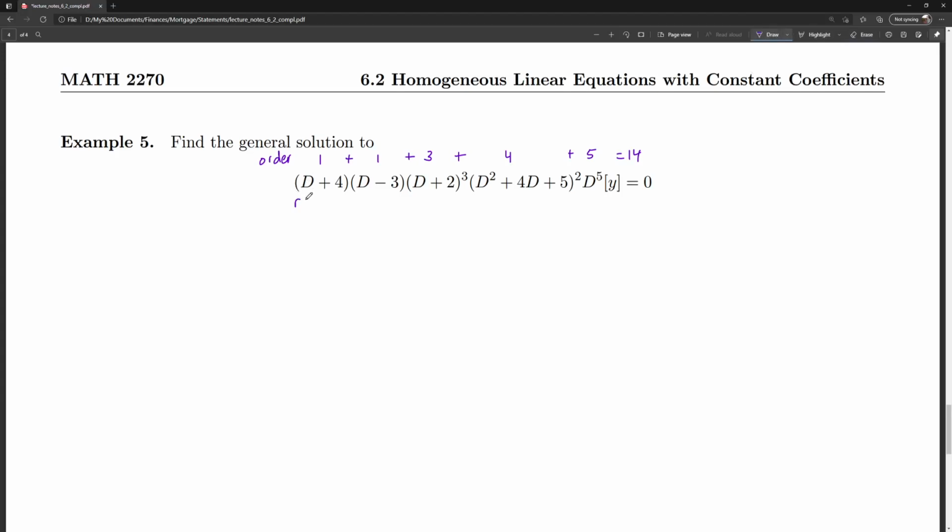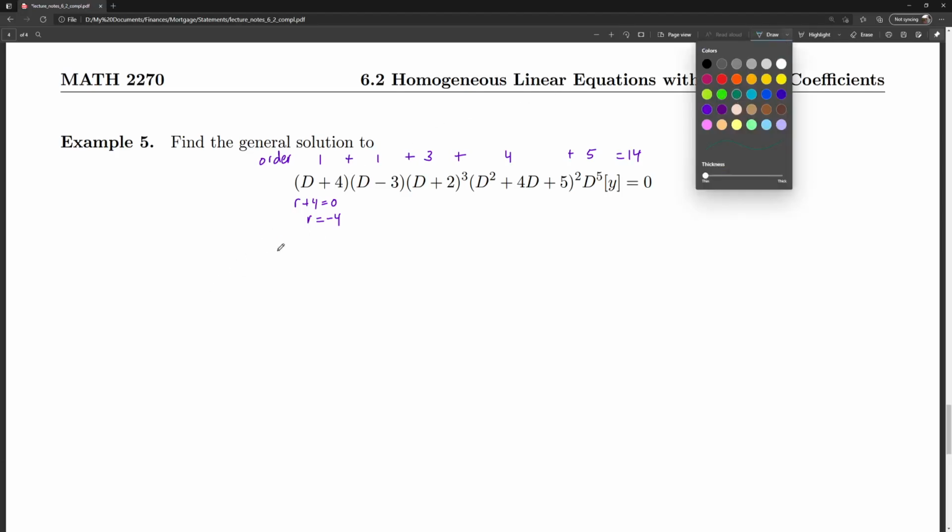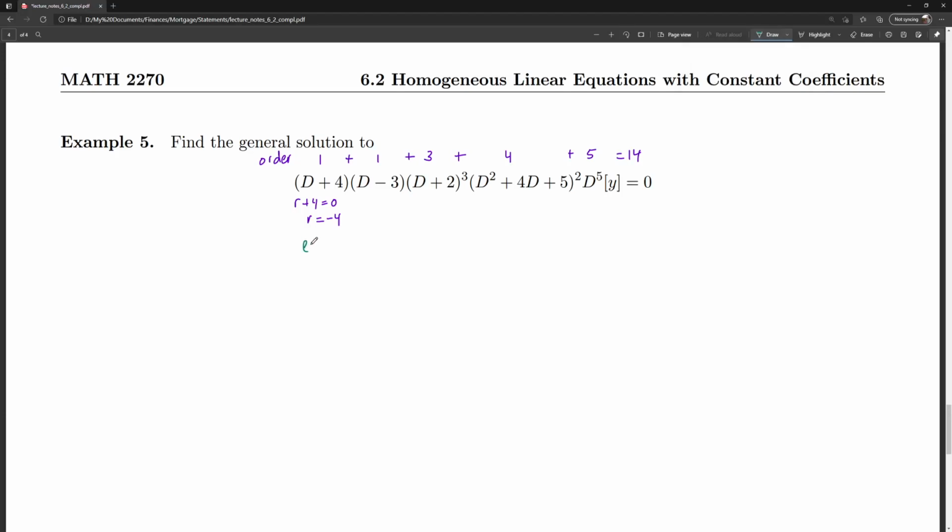So we have r + 4 = 0, and the corresponding root would be r = -4. That means the corresponding part of the general solution is e^(-4x).